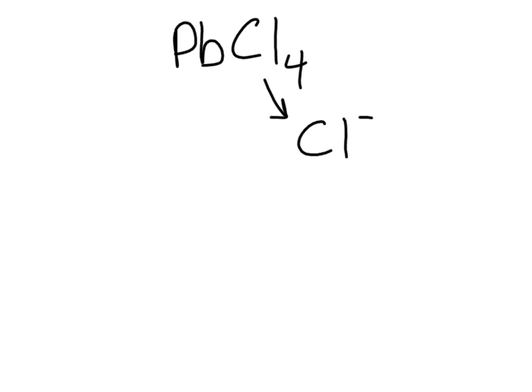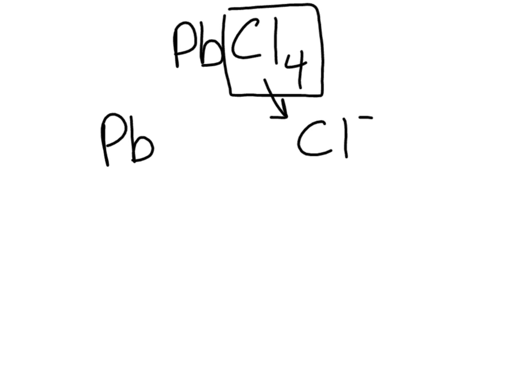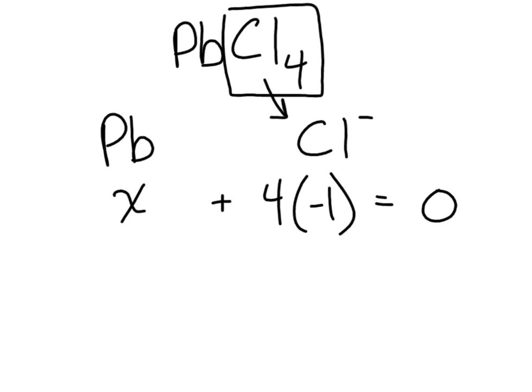And looking at the formula, I had 4 chlorides in order to make this neutral compound, which means my lead, in order for this to be equaling 4 times -1, right? This has to be something to equal 0, right? Because I need to have my compound be neutral.